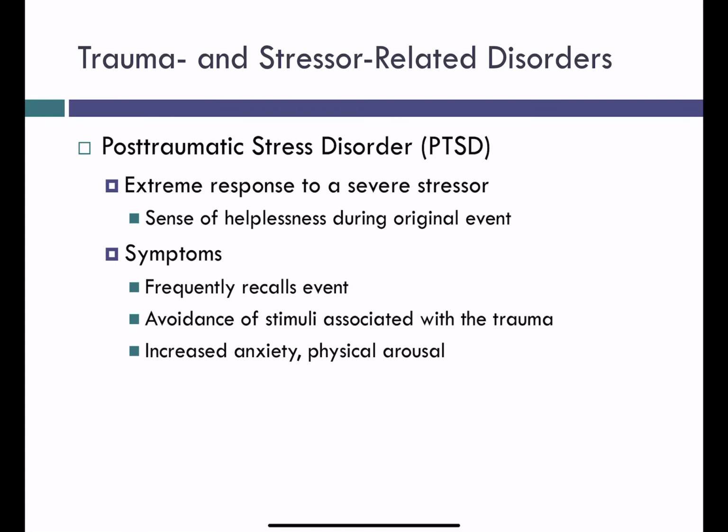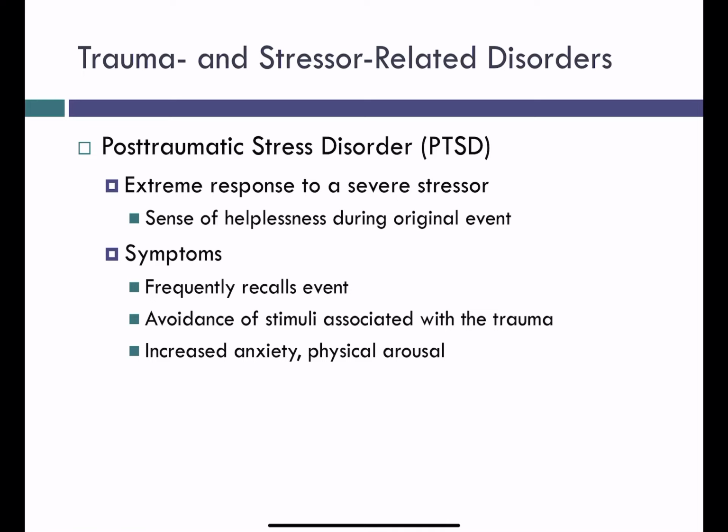Okay. Moving on, trauma and stress-related disorders in the latest DSM are their own category, but the most well-known one is PTSD, or post-traumatic stress disorder, and this is basically an extreme response to a very severe stressor. So this can be war, traumatic abuse, a mass shooting, a terrorist attack.